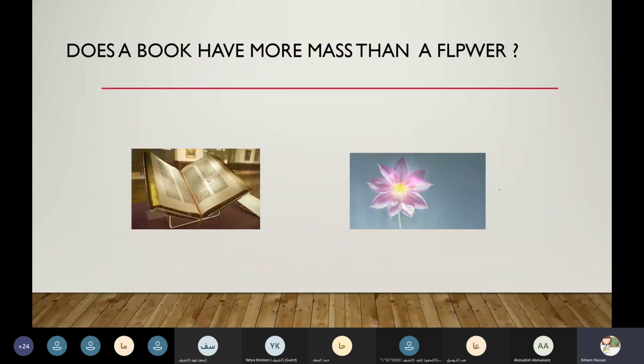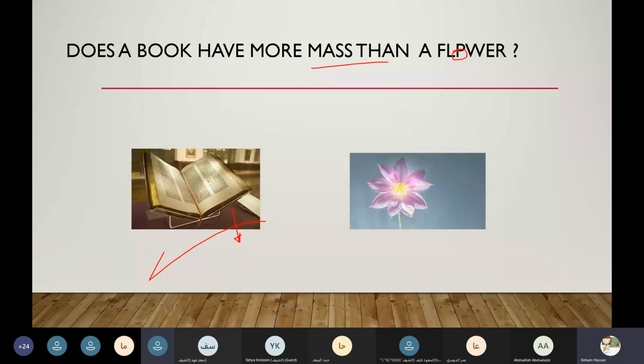Yes, Zaid. Does the book have more mass than the flower? Yes or no? Yes, the book has more mass than the flower. Why is it?